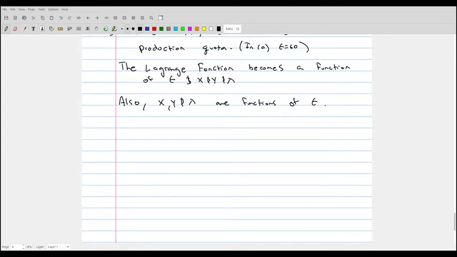Assuming we have that value of t, we can go through and do the Lagrange multiplier method, just like we did before with our Lagrange function.